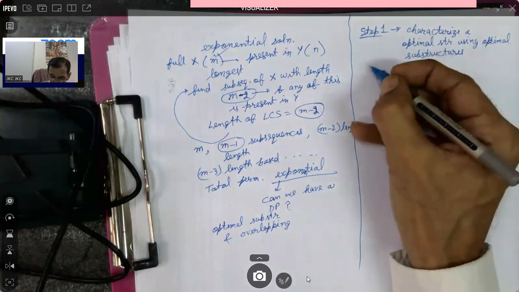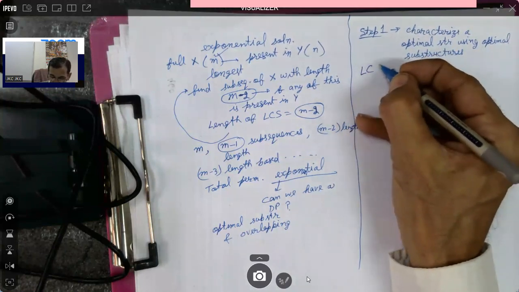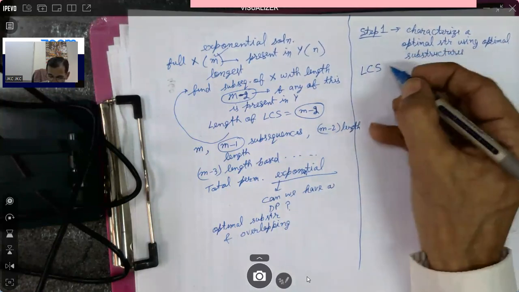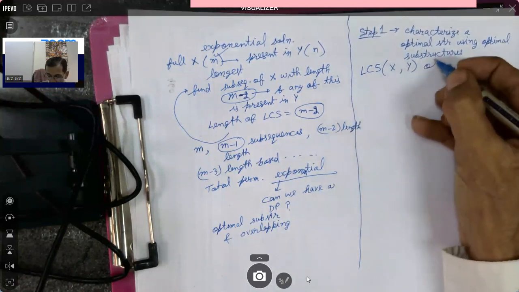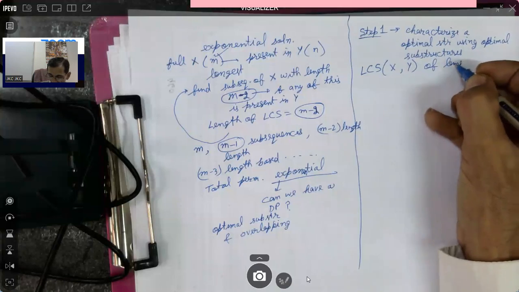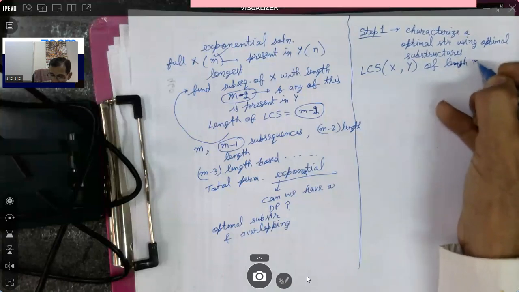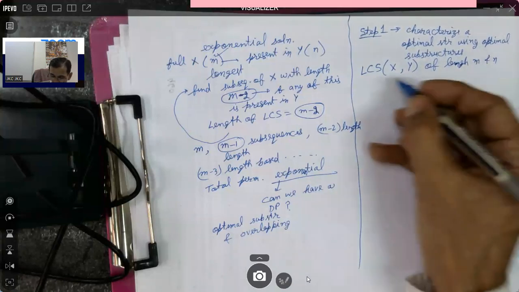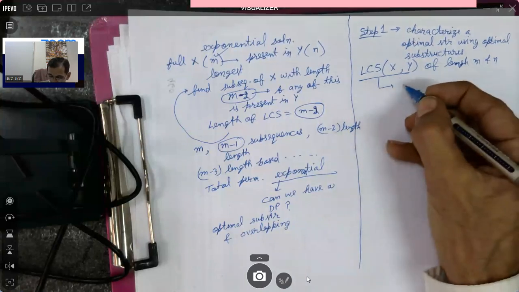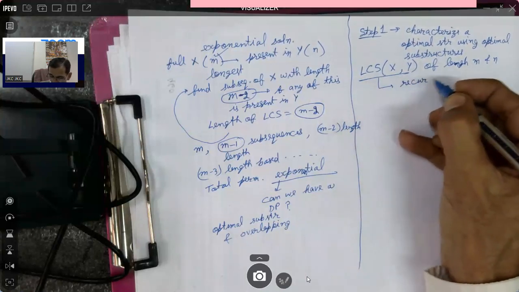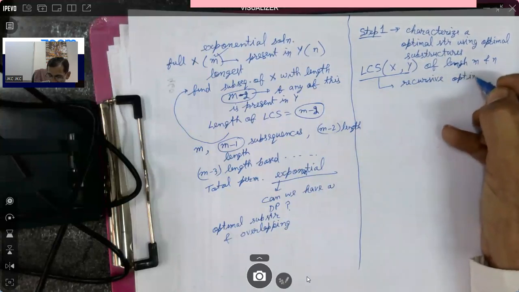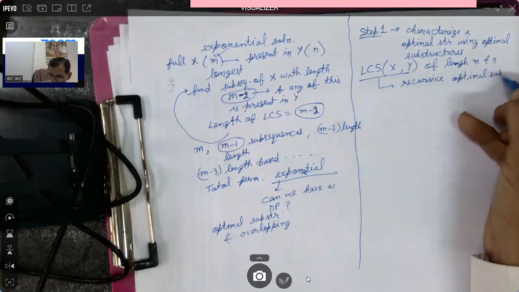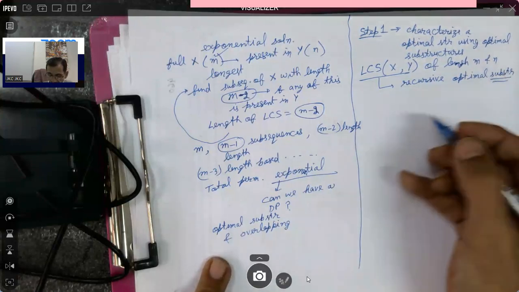So effectively, if I'm trying to solve my LCS problem for two variables X and Y of lengths, let's say M and N, can I solve it recursively using optimal substructures? Substructure means the same problem should be solved with a smaller length.